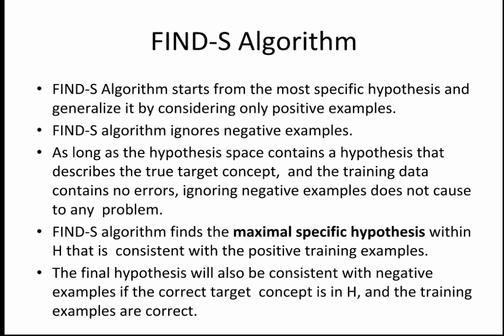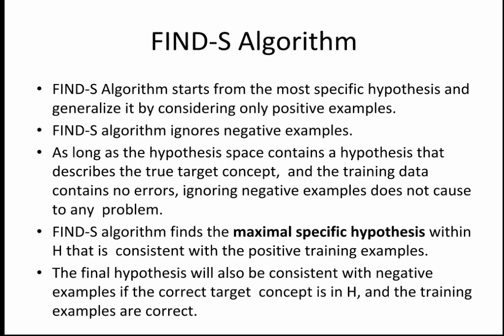But for your particular example, when you are scanning your training instances one by one, at the end you will get a hypothesis in which some are values and some are question marks. That is most specific in the context of the training samples that you have gone through. So that particular hypothesis that you have searched for will be termed as maximal, but not most specific hypothesis. It is somewhat similar to your least upper bound, where we are finding the most specific hypothesis, but in the context of the example.